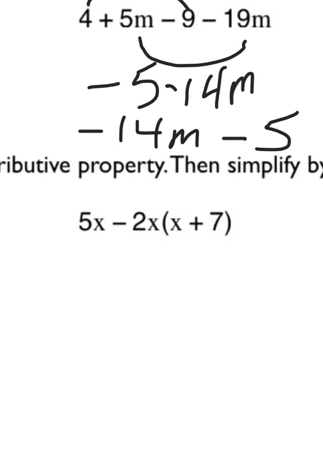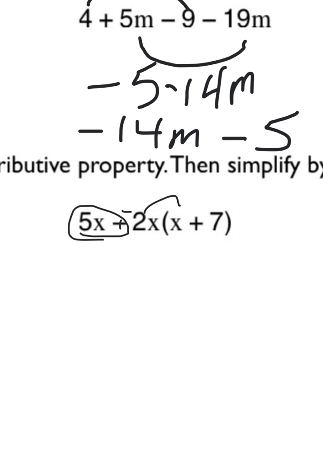For this one, we kind of have to see this part. So I'm going to change this to plus a -2 right away. This stuff over here, I don't have to worry about. That has nothing to do with the distributing.